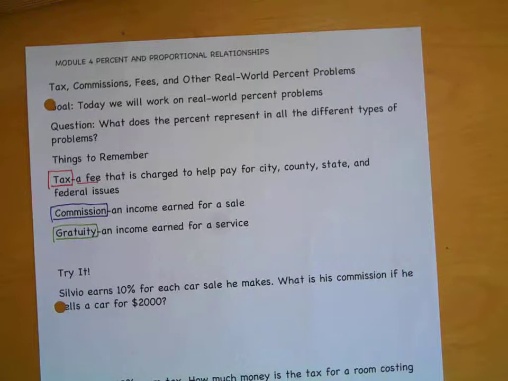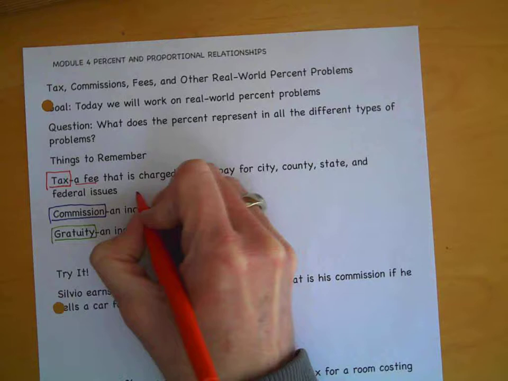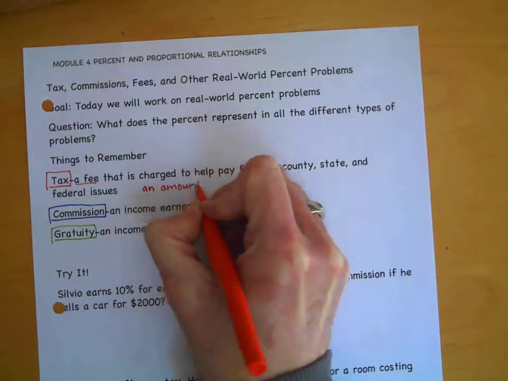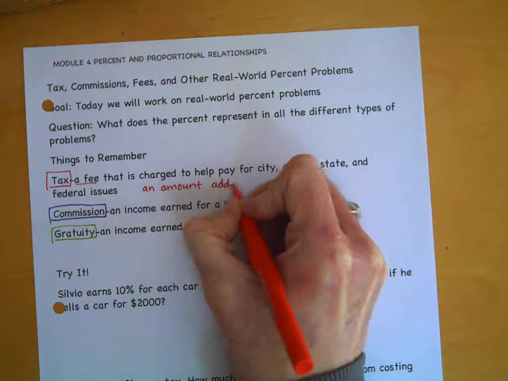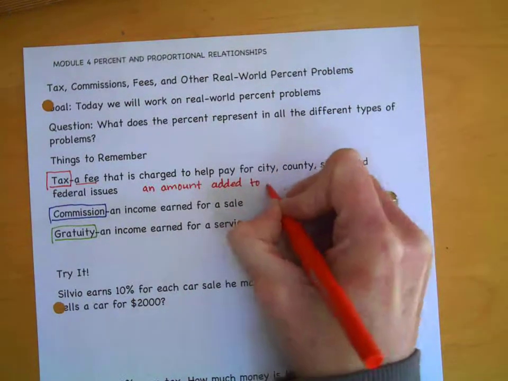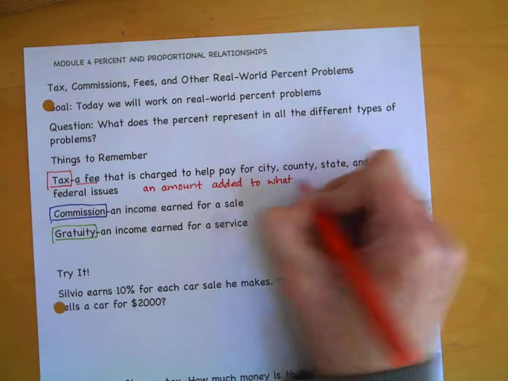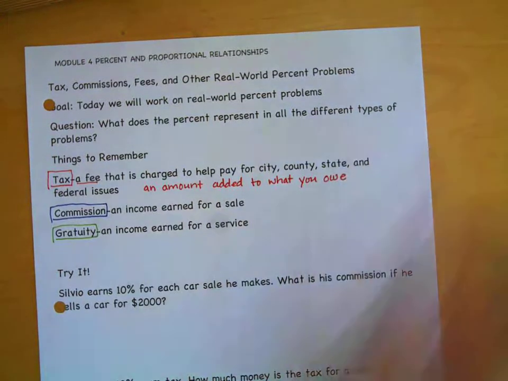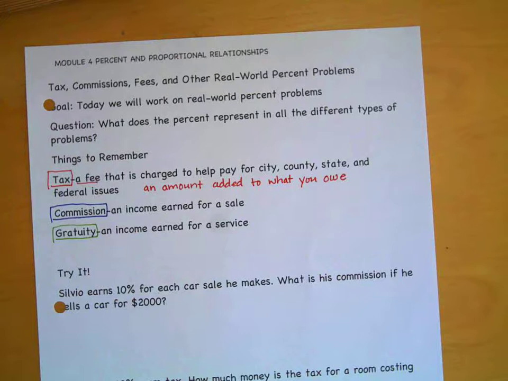And then what you need to know about a tax is that a tax is added to what you owe. I want to write that down. A tax is an amount added to what you owe. Okay, so it makes what you owe more.